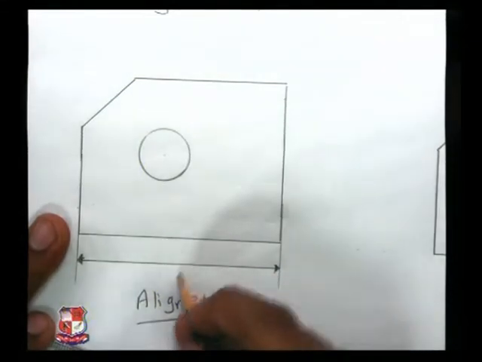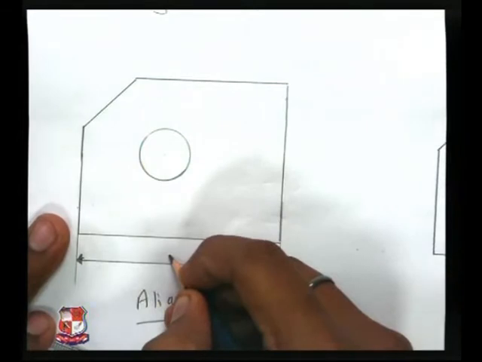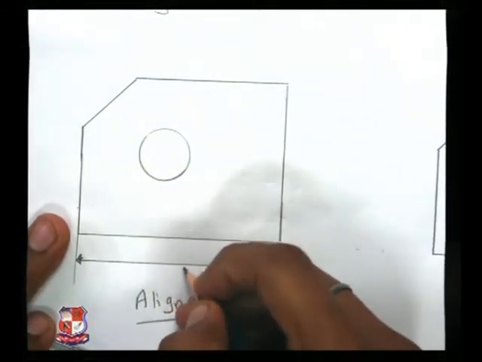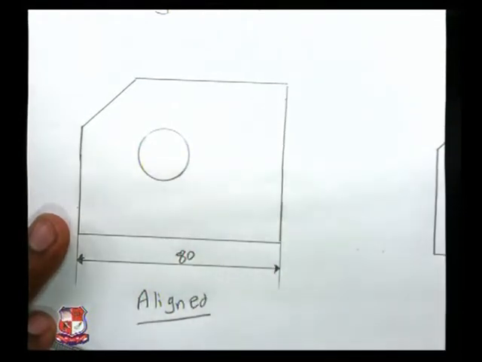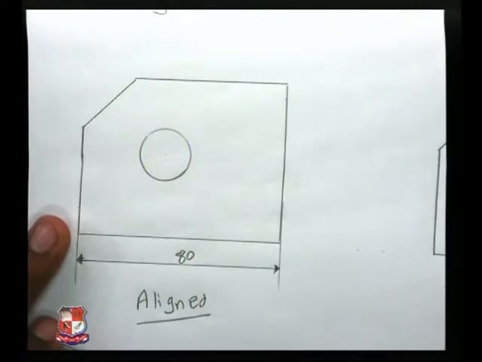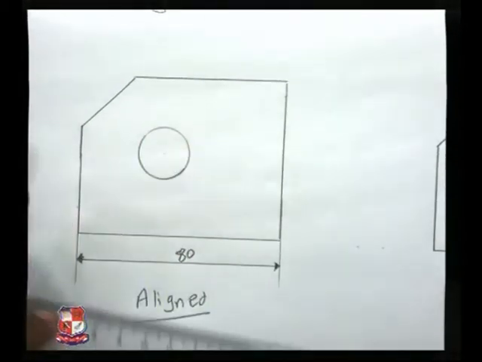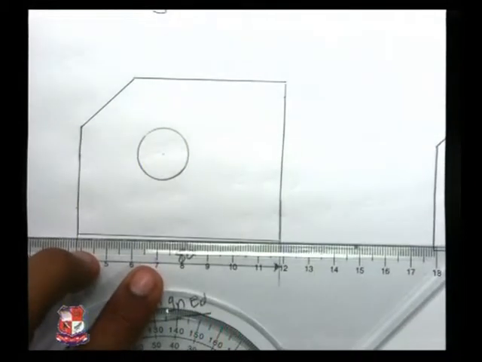In the middle portion of the dimension line, I will write the dimension in the middle and above the dimension line in the align method. This is the horizontal dimension.